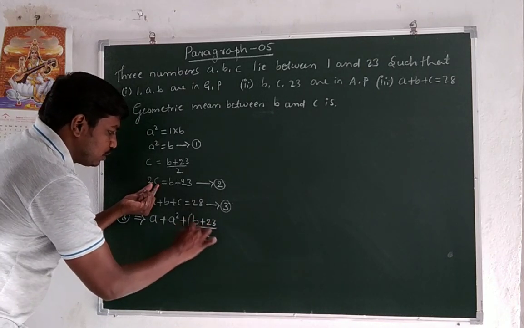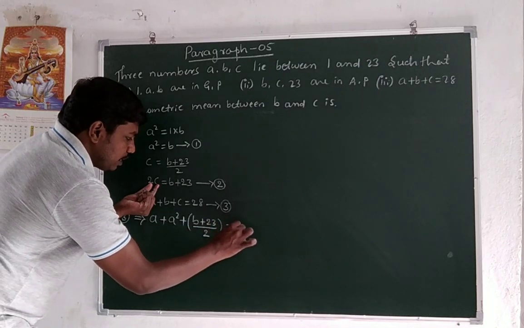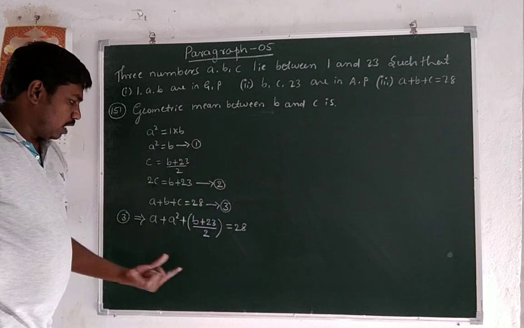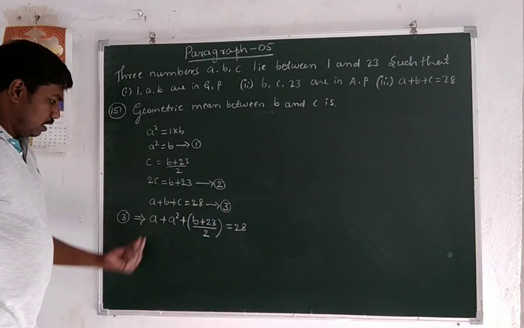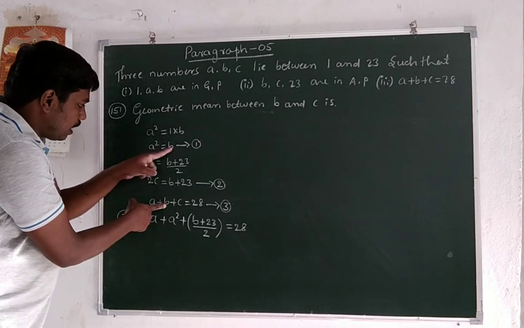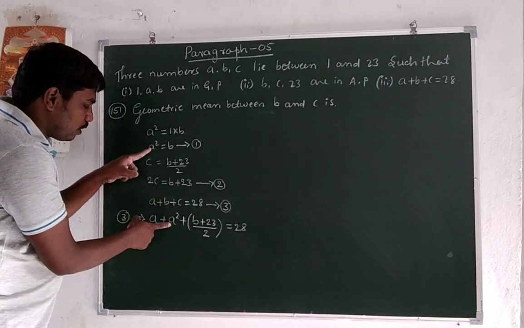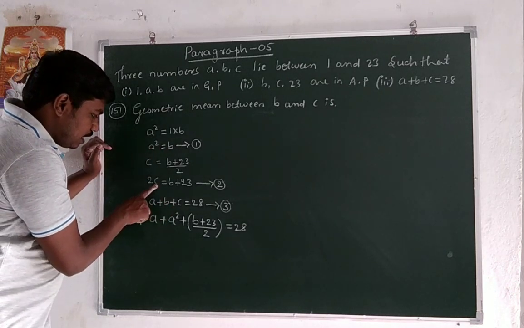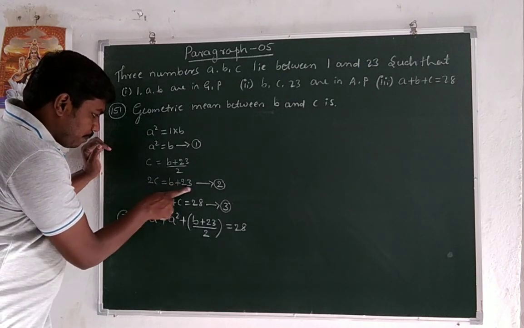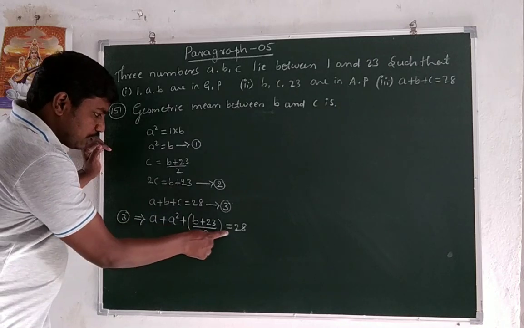So A plus B plus C is equal to 28. I am using 1 and 2 in equation 3. So B is A square from equation 1, and C is equal to (B plus 23) divided by 2.